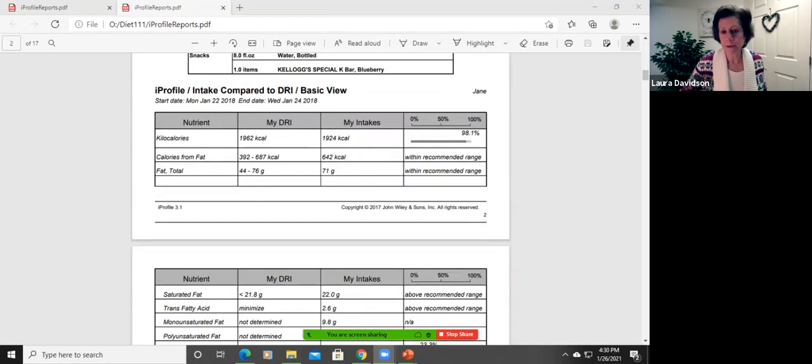Everyone will have something different depending on who you are, male, female, activity level, et cetera. That's the recommendation, and this is Jane's intake. And to be very clear, it's averaged already. You don't have to do any averaging. And then the last column compares her intake to the recommendation.